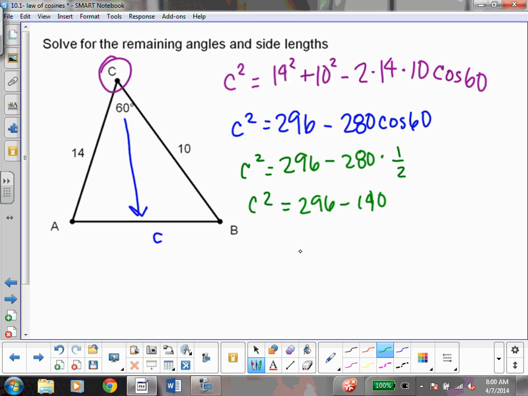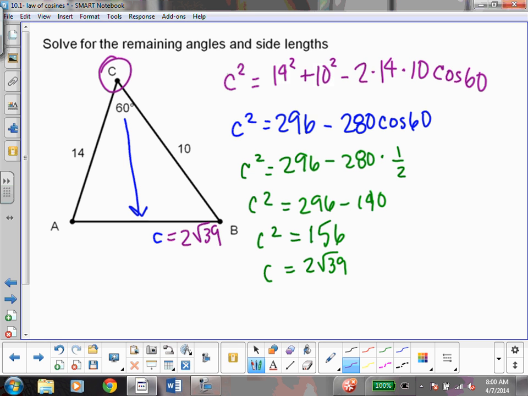And 296 minus 140 is 156. And 156 is not a perfect square when I square root both sides, but it does reduce to be 2 radical 39. So that's the measure of side C.